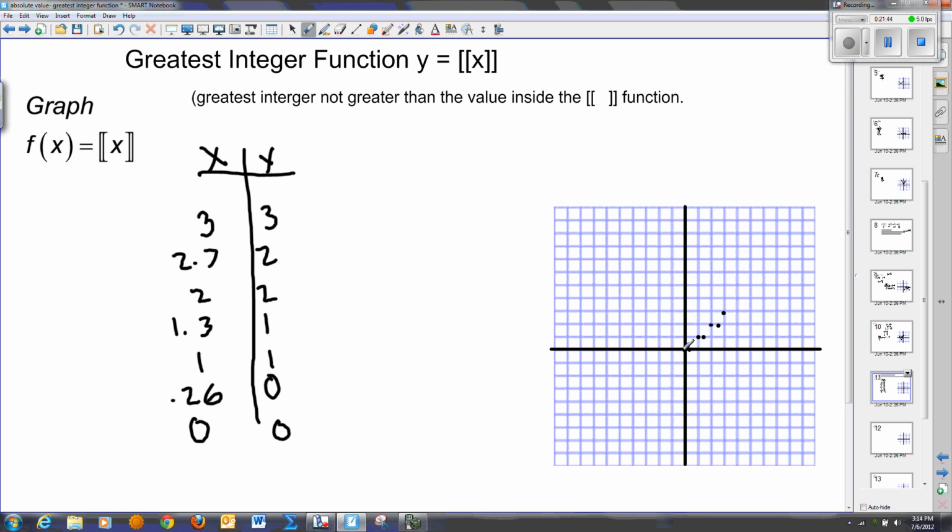So I go from 0 all the way out till 0.9999999, which is right around here. But then at 1, I jump up to here. Since this is called a function, and we know functions have to pass a vertical line test, I can't have 2 points at an x value of 1. So what I have to do is at 1, 0, I'm going to create an open circle.